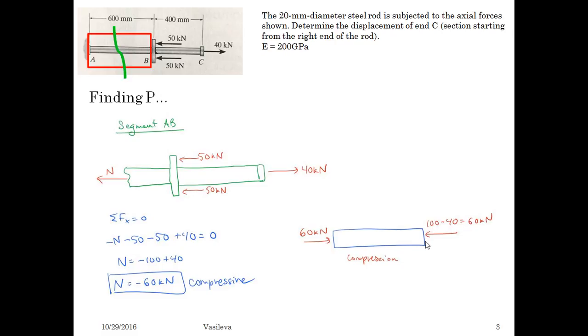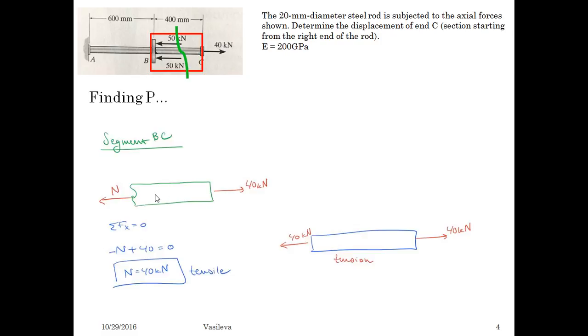So basically what this means is you have a compressive force here that's going to end up compressing the rod. So it's important to keep this negative 60 kilonewtons. So N for segment AB is negative 60 kilonewtons because it is compressive. So compressive is negative, tensile is positive.